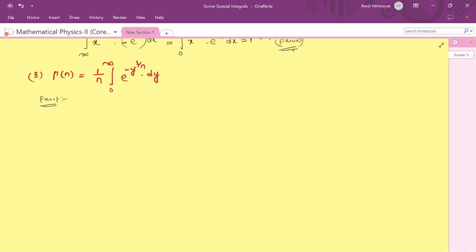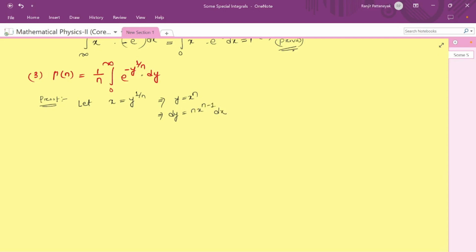To prove this one, let us consider x equal to y to the power 1 by n. So that implies y will be equal to x to the power n, and dy will be equal to n x to the power n minus 1 dx.